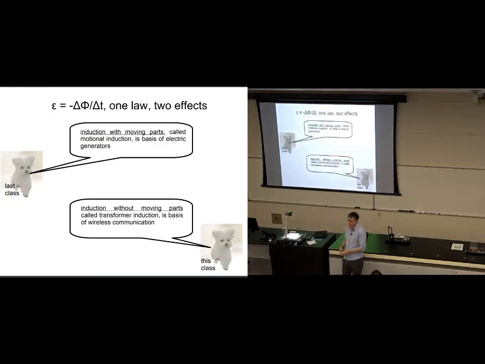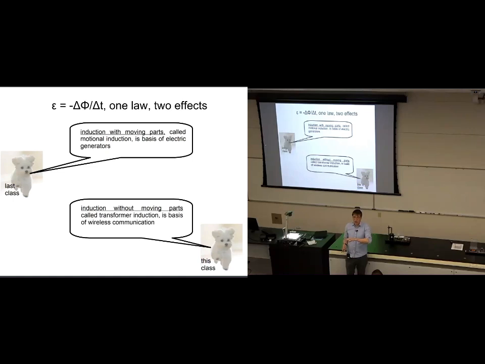This is just to point out an interesting thing about Faraday's law. It's a very, very special law in the world of physics because it's the only law we know of that describes two different effects, phenomena. It describes the effects that we met in last class of motional magnetic induction, where there's moving parts, that has one origin.